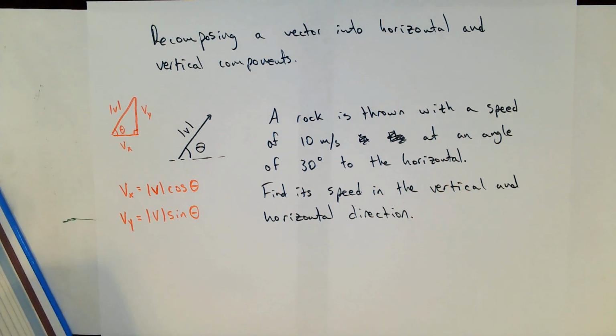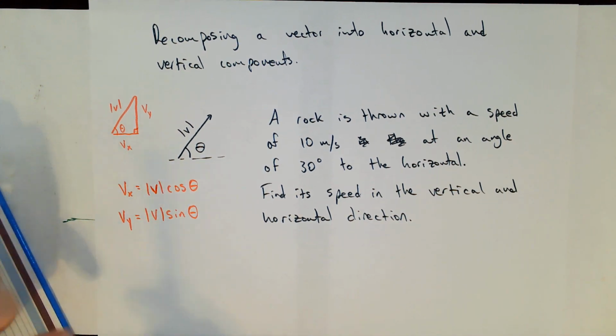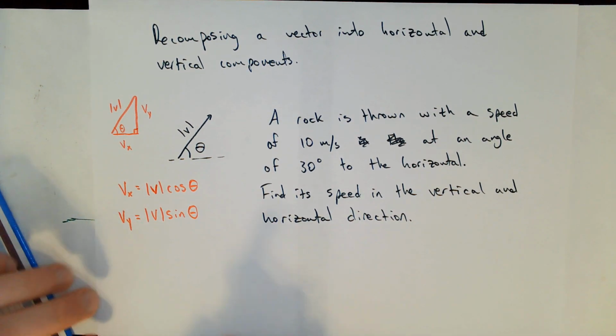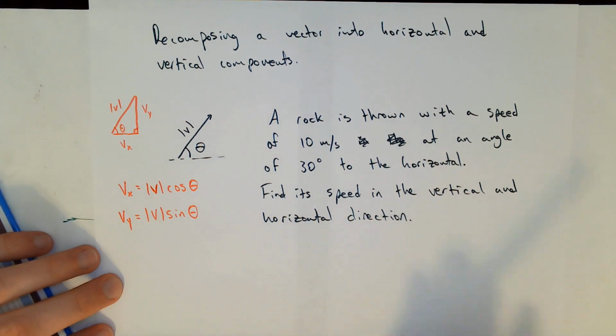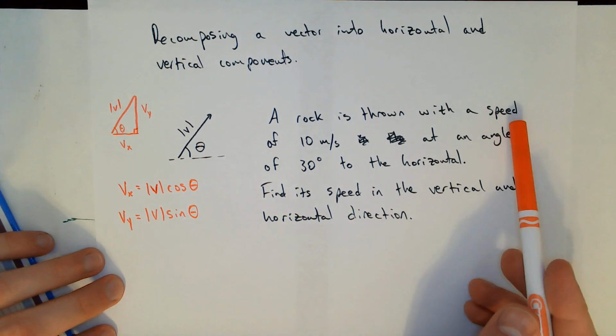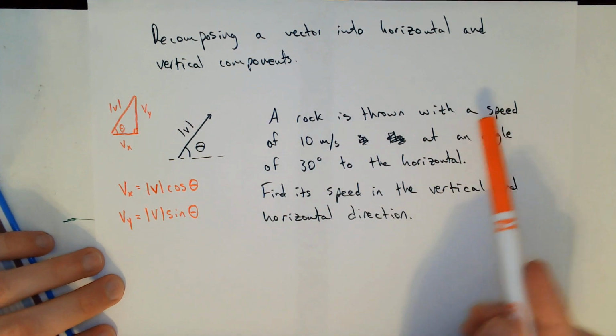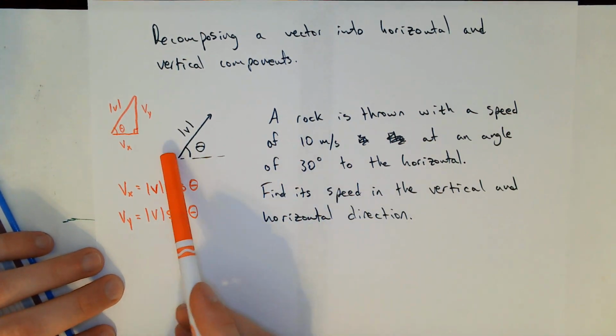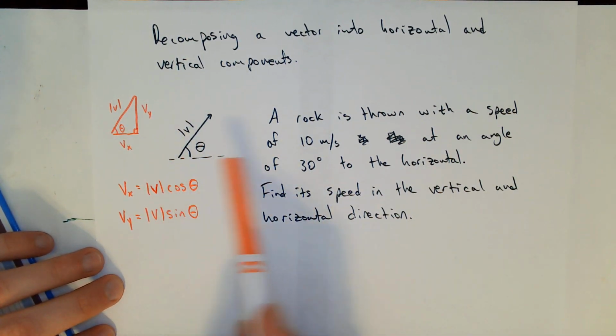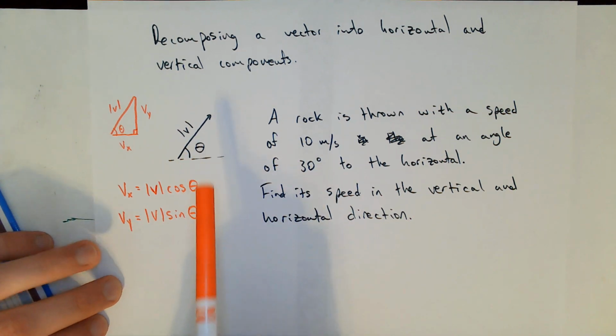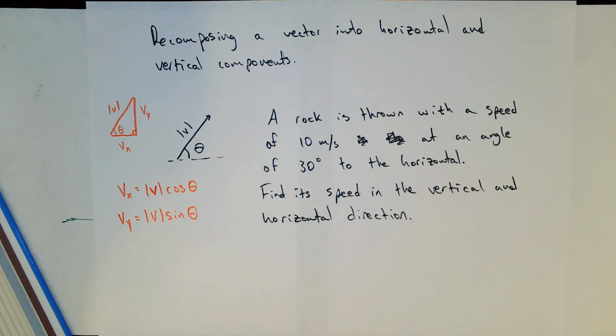And there we go. So there are the horizontal and vertical components to this vector in general. And now what I've done is I've given the vector a magnitude of 10 meters per second. That's this magnitude of the vector. And its direction is 30 degrees. So now I can plug some stuff in.